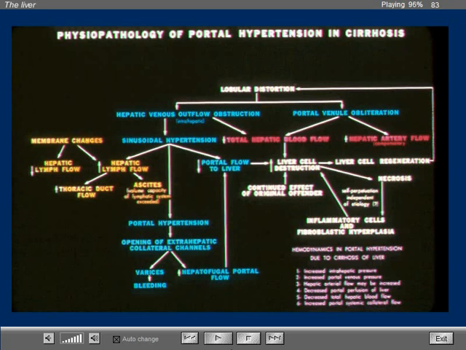Decreased total hepatic blood flow will contribute to liver cell necrosis. And finally, we're going to see increased partial systemic collateral blood flow with resultant formation of varices.